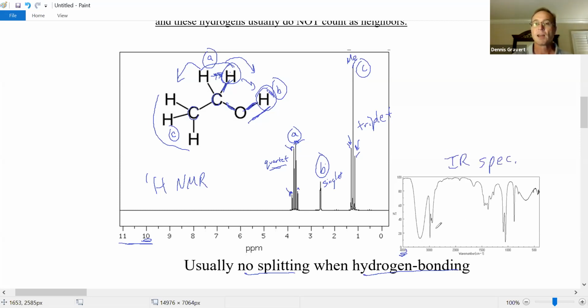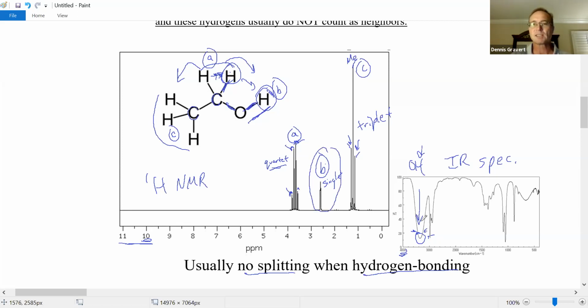Remember around 3400, a big, broad, strong peak, strong meaning far down, broad meaning wide, not a sharp peak like this one's nice and sharp. That indicates an alcohol group. Alcohols have hydrogen, so this hydrogen must show up in the NMR, and so it did. It's right here.